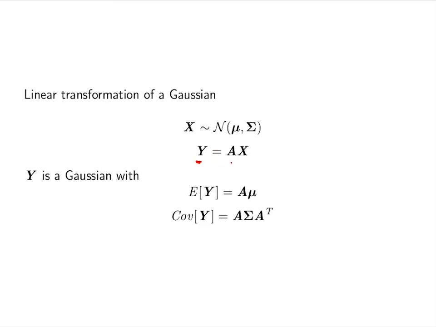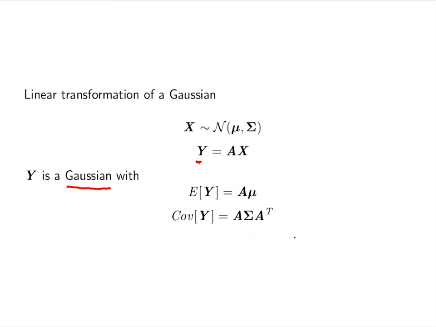So linear transformation means matrix A times this x. This new random variable y is a Gaussian.